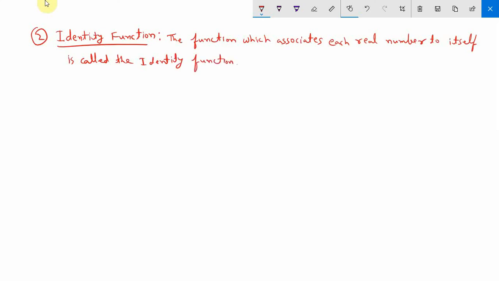Okay. It is represented by I, or it is denoted by capital I. Okay, friends.